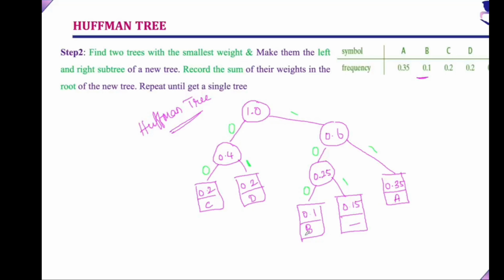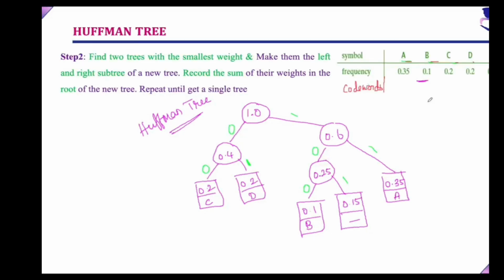Okay, so here how we will create the Huffman code in the sense, in the Huffman tree, all the left subtree or left nodes, we have to mark it as 0, and the right nodes we have to mark it as 1. Okay, now the resulting code words are, for the letter A, you have to consider from root to its leaf level, where the symbol presents. If you are considering the Huffman code in the sense, that is nothing but code word for A. So code word for A is 11.